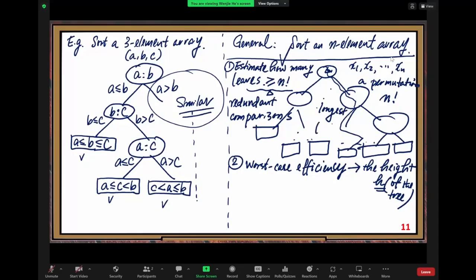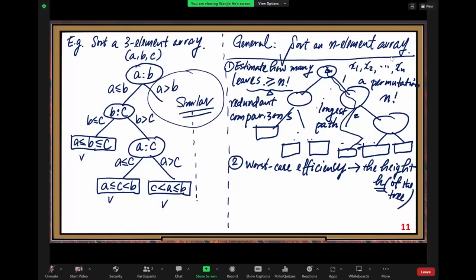We know some paths are shorter, some paths are longer, but we consider the longest path. How do you define longest? We count the number of edges. Edge 1, we count 1. Edge 2, we count 2. When you move down along a path, you count how many edges you have. That number we use to measure the height.